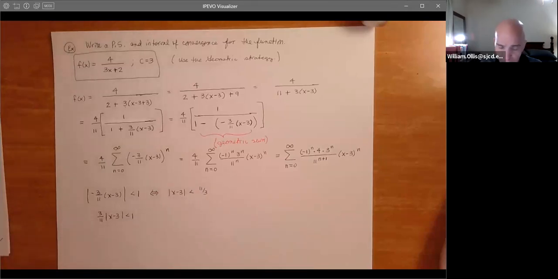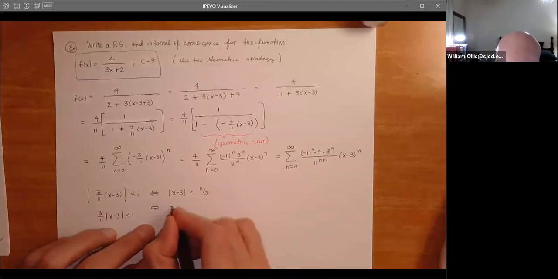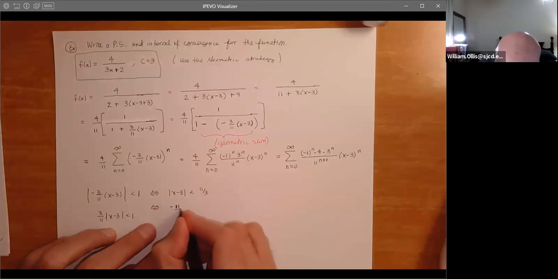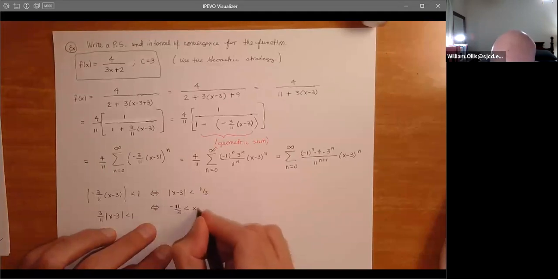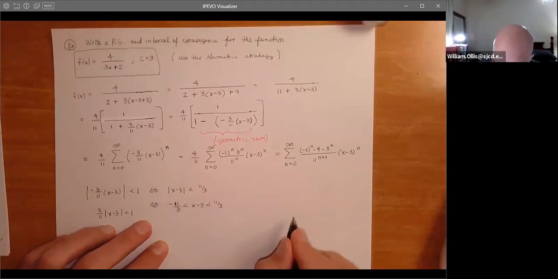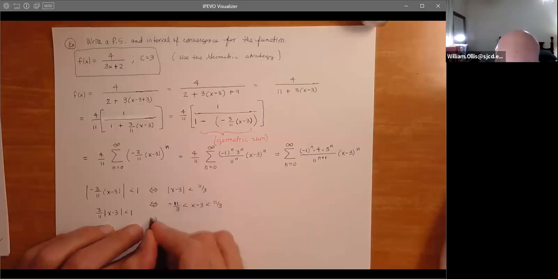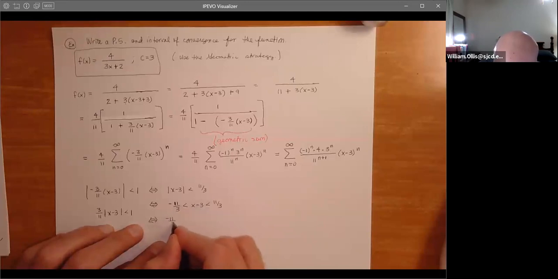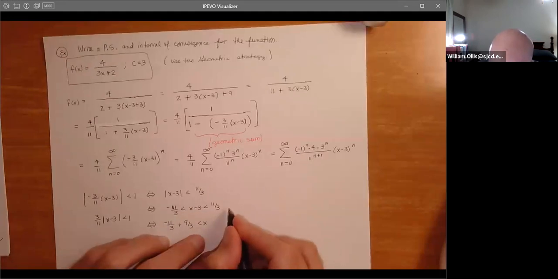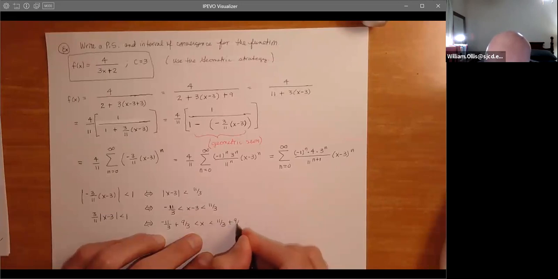So at this point, we just want to add 3 to both sides. Equivalently, before we do that, we'll have -11 over 3 less than x minus 3 less than 11 over 3, just the conjunction theorem. Now add 9 over 3 if you want to get a common denominator. So -11 over 3 plus 9 over 3 is less than x less than 11 over 3 plus 9 over 3.